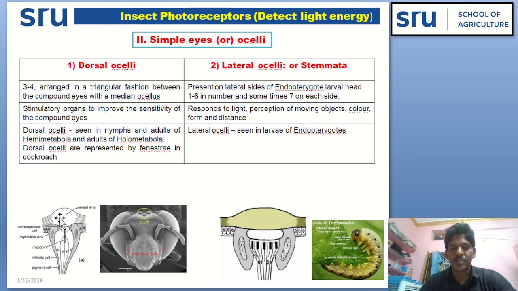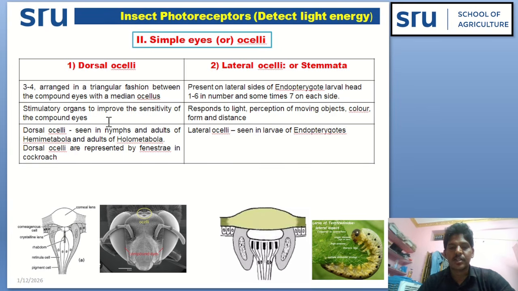The dorsal ocelli are stimulatory organs that improve the sensitivity of the compound eyes, but lateral ocelli respond to light, perception of moving objects, color, form and distance.